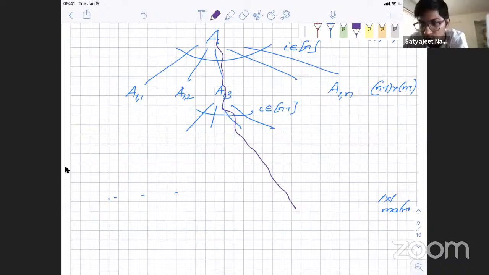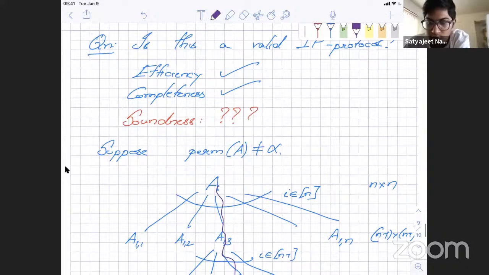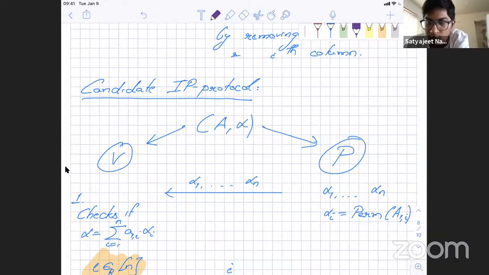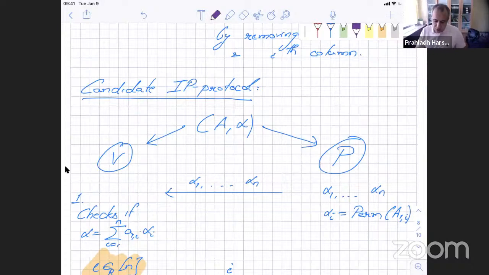I can always give you this alpha such that this is true, just because I can tweak the other guys and give permanent of A13 to be alpha 3. So just restating what you stated.